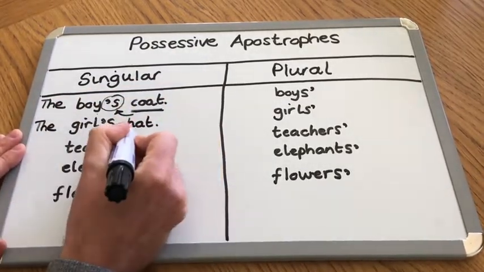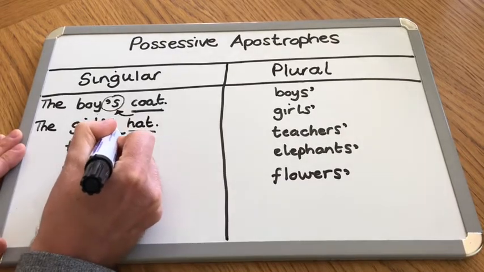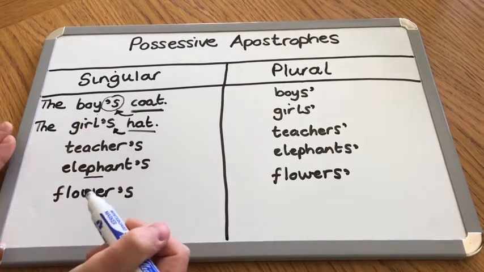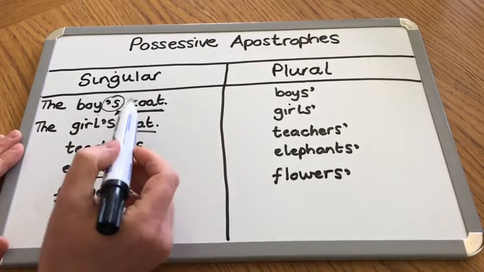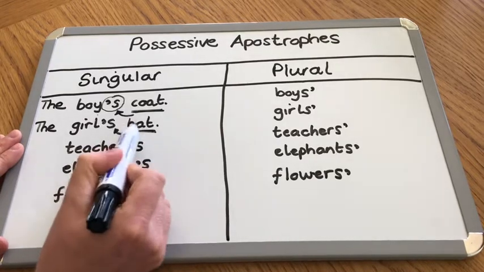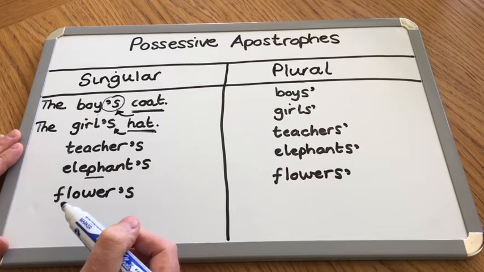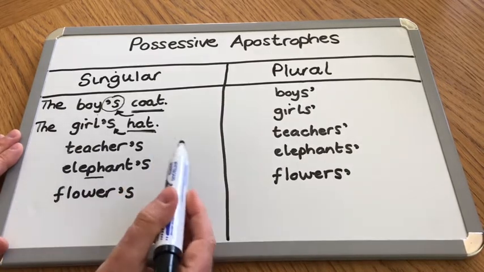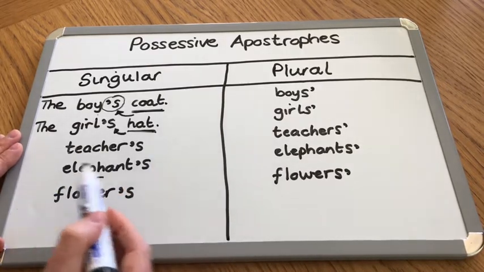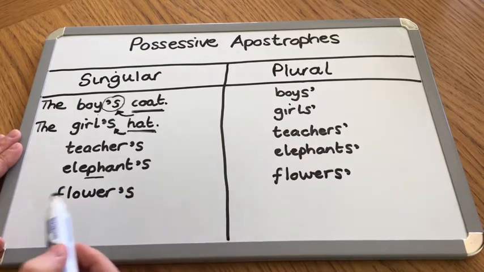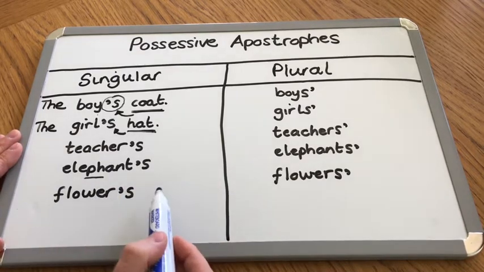And again, the item is coming after the possession. It's coming after who owns the hat. It could be the teacher's classroom, the elephant's tusk, the flower's stem.